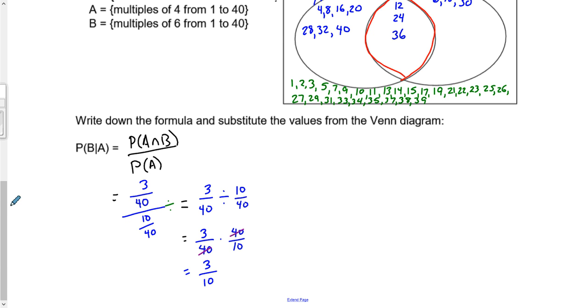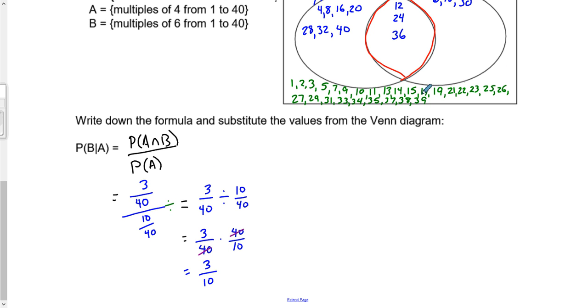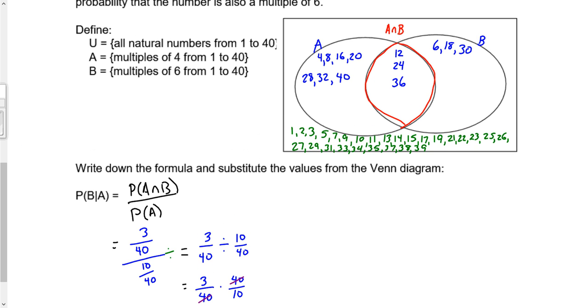So where is that number actually coming from? What is the probability of it being a multiple of 6, given that it's a multiple of 4? We could also read that straight from our Venn diagram. Given that it's a multiple of 4, how many things are a multiple of 4? 1, 2, 3, 4, 5, 6, 7, 8, 9, 10.